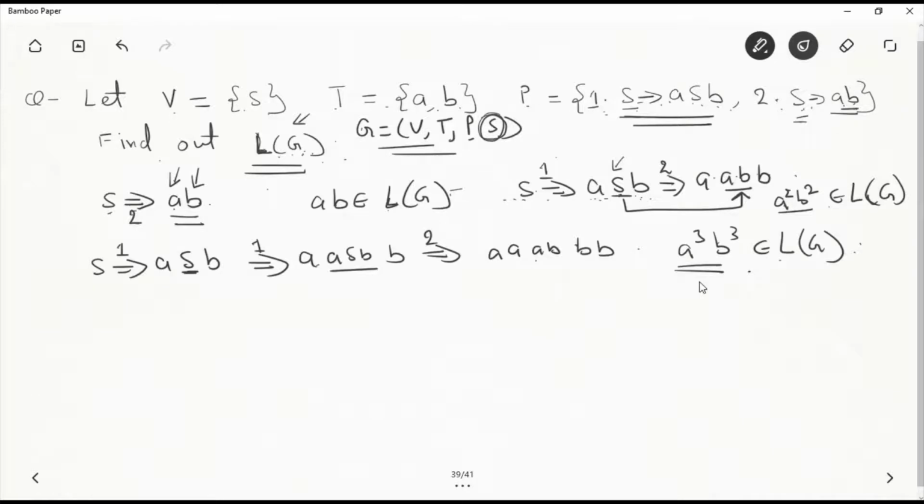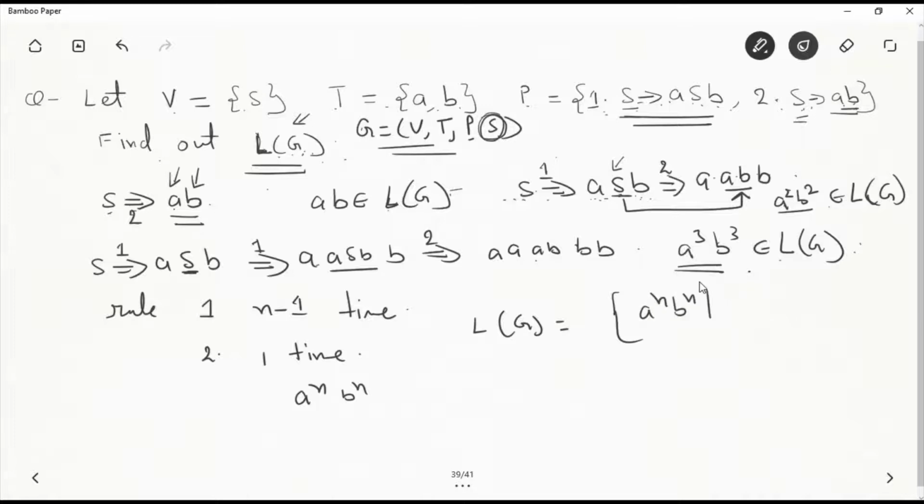So we can generalize. Suppose we apply rule 1 n minus 1 times and then rule 2 one time. We get a string of the form A^n B^n. So A^n B^n such that n is greater than or equal to 1 is the language generated by this grammar.